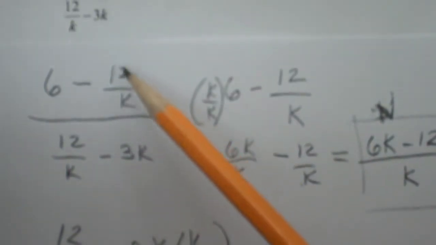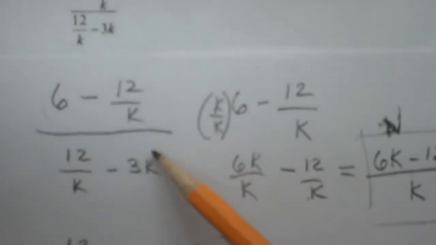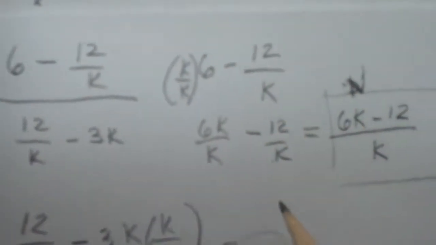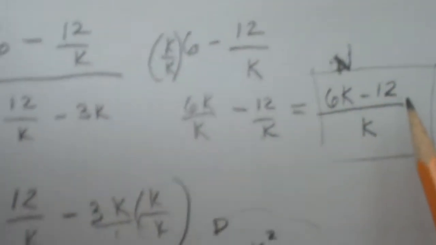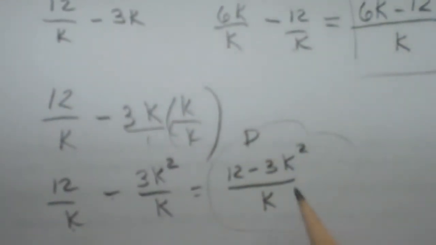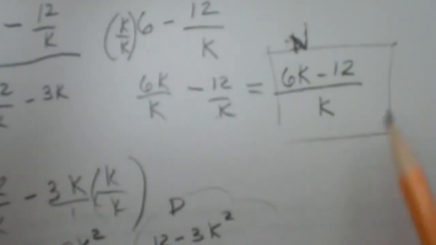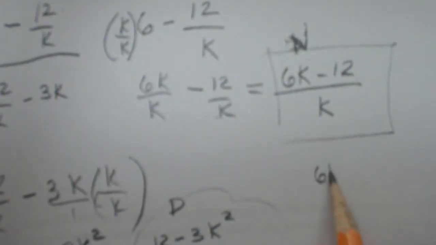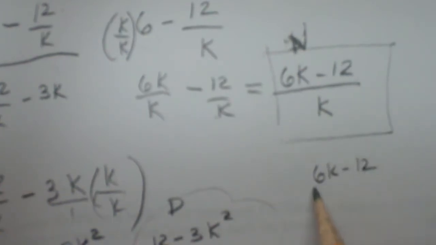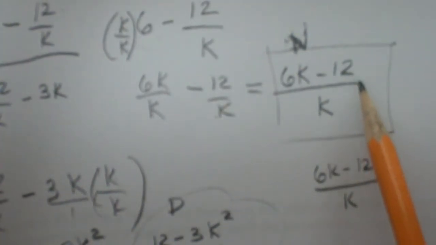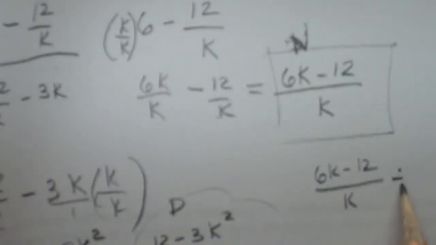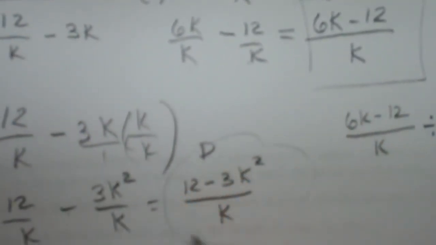Well, you see, we simplified the numerator part, and we simplified the denominator part. So now we have this numerator part divided by this denominator part. Let's write that out. So here's the numerator part, right? That's 6k minus 12 over k. See, we got that from right there. And now we're going to divide that by the denominator part. The denominator part is right here.